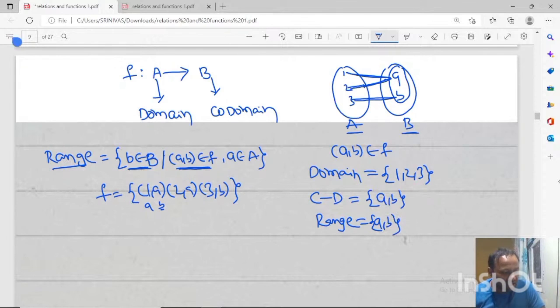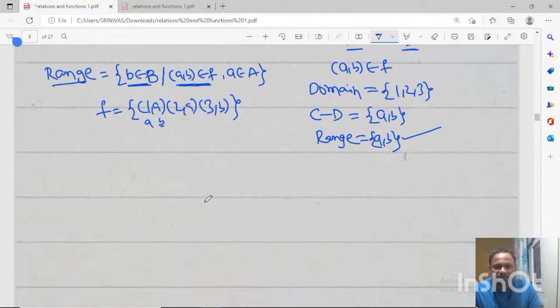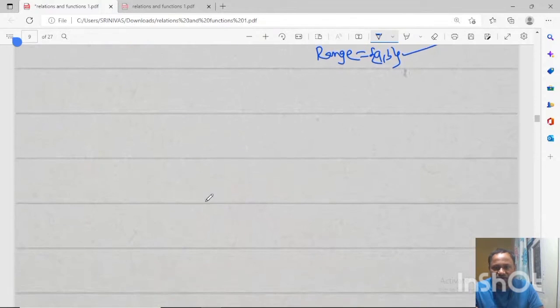So very simple, the elements which have images come under range. Okay, so by giving one more example, I will conclude today's topic.